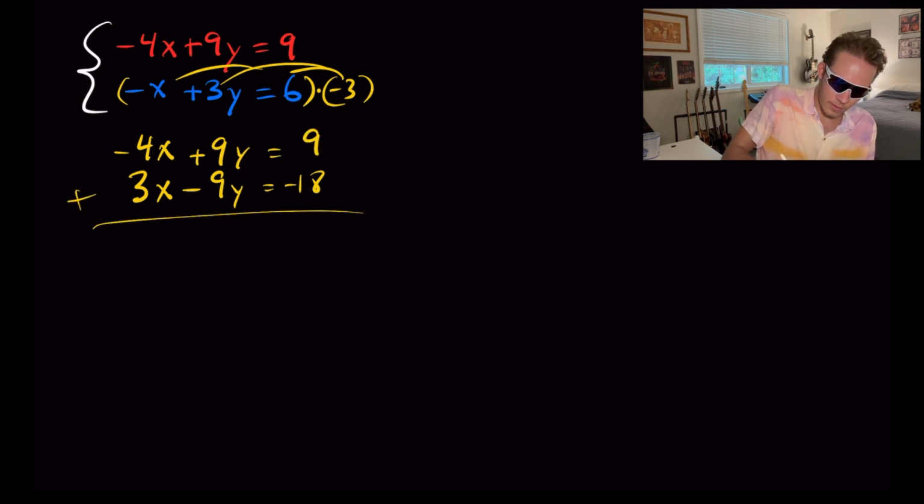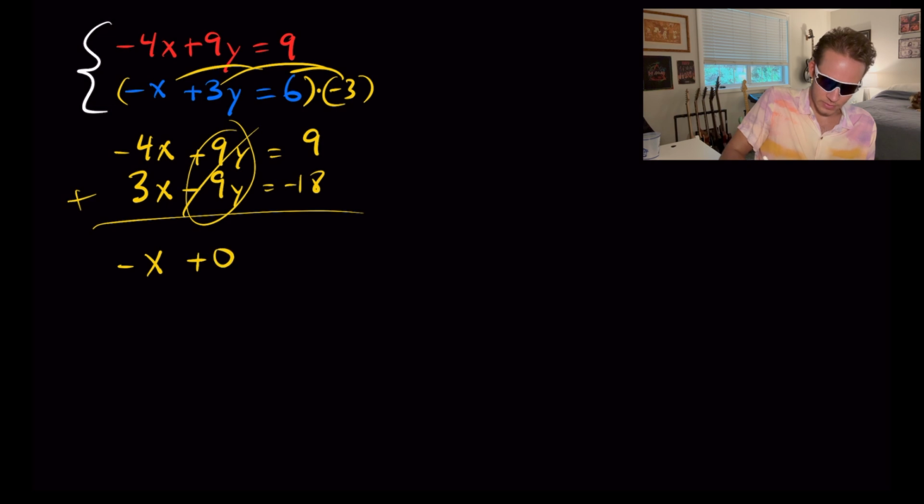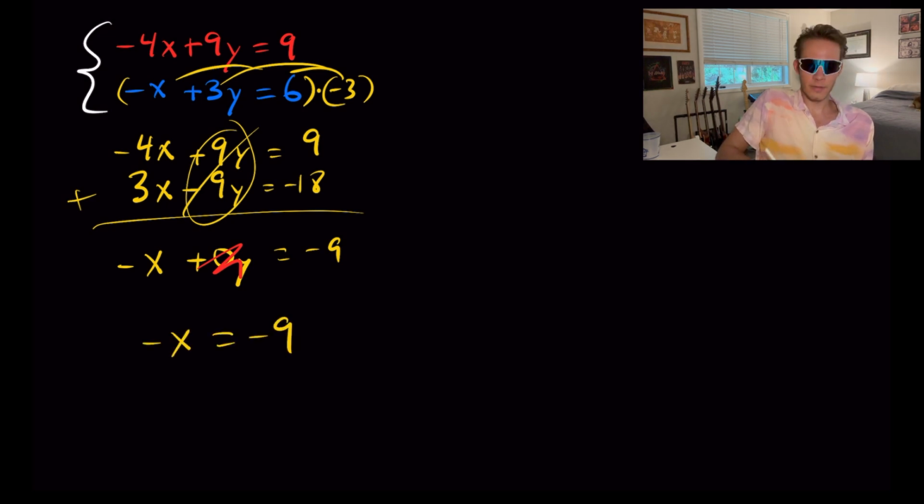We'll do our addition here. So negative 4x plus 3x is going to be negative x. That cancels out. That's the whole reason we did this, so we could just put plus 0y if we wanted to. And then 9 plus negative 18 is going to be negative 9, right? So the 0y we can ignore because that's just 0. We'll get negative x is equal to negative 9.